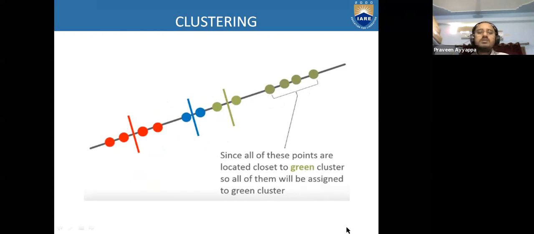So don't think that simply because we are arranging them in the form of colors, the data points are being moved to that particular cluster. It totally depends on the mean, by calculating the similarity measure, the mean value between different data points.